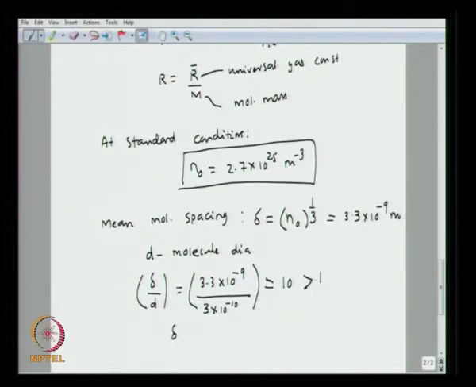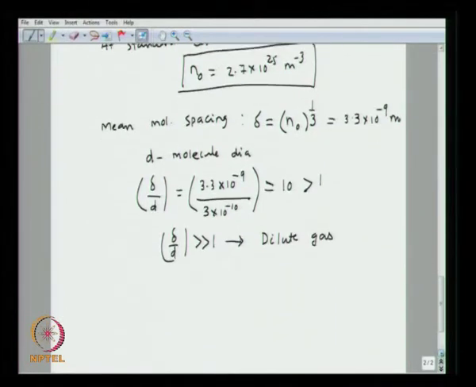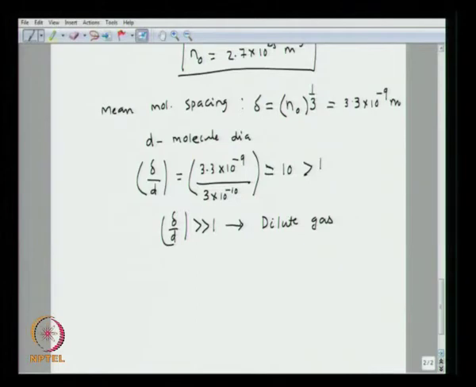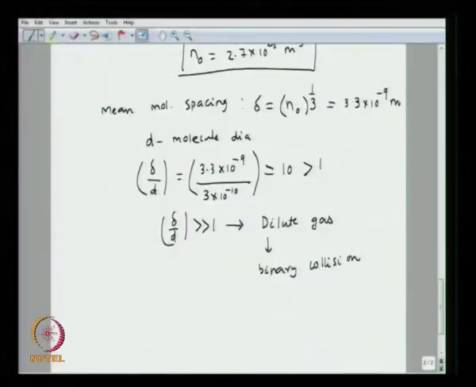If delta by D is greater than 1, then it is called a dilute gas. In dilute gases you would have only 2 molecules colliding with each other at one time; more than 2 molecules colliding with each other is not possible.